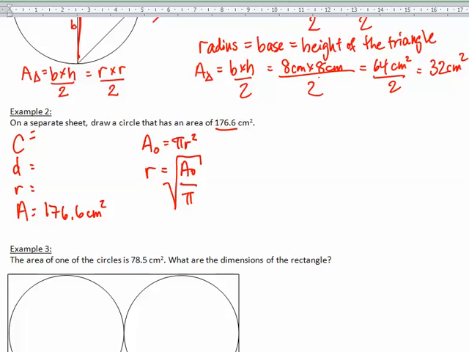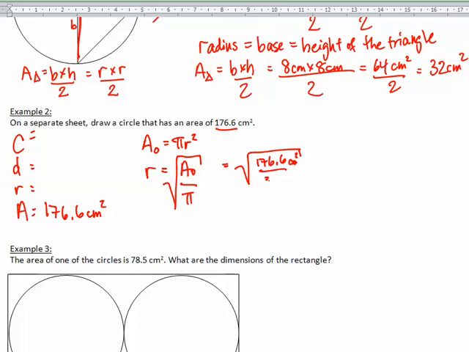It would be helpful to type them in as 2 separate calculations, but if you want to combine it in one, it is important to put the brackets so that the calculator knows to do that operation first. So the radius is equal to the square root of 176.6 centimeters squared divided by 3.14.